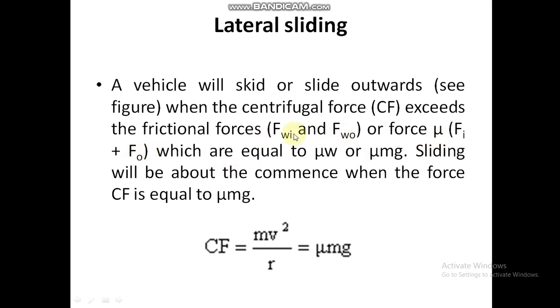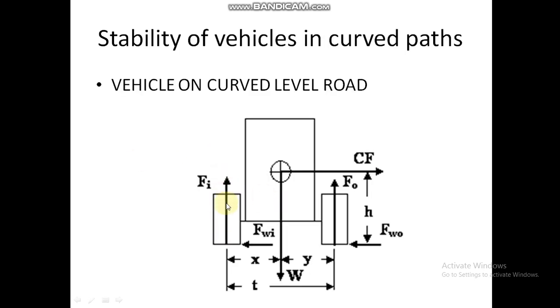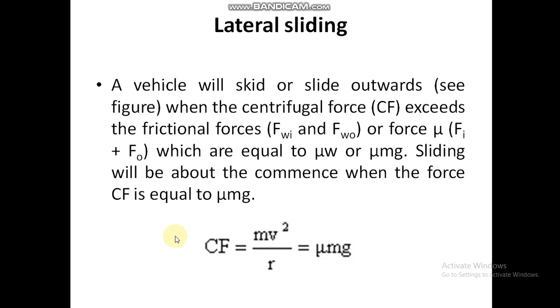So this term has been replaced by mu (Fi plus Fo), where mu is the coefficient of friction, which is equal to mu W. Both forces Fi and Fo, which are acting in upward direction, are equal to the weight of the vehicle W, mg, which is acting in downward direction. So Fi plus Fo is equal to W, and W is mg.